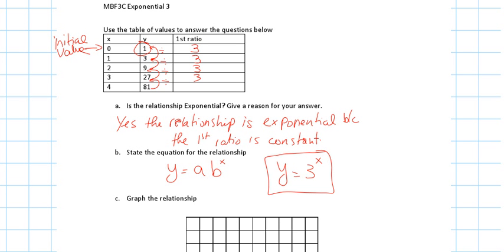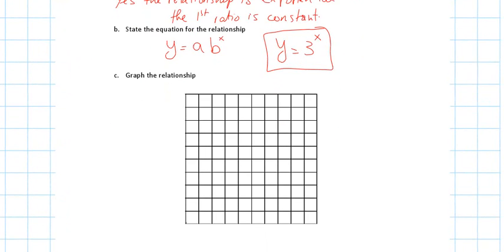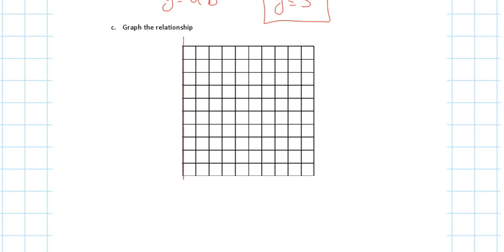Now to graph, I have to graph this, so the highest number is 81. So let's go up by 10 again. And it was 0, 1.